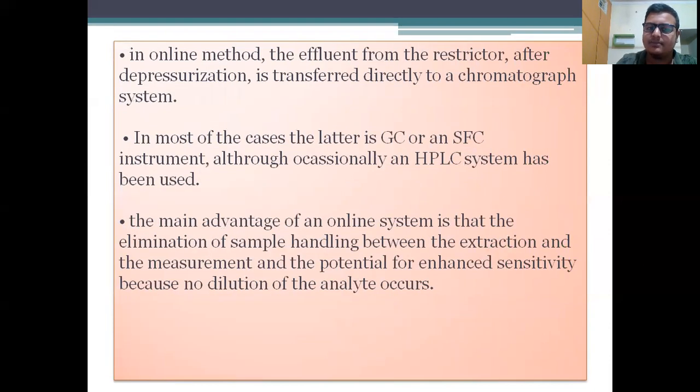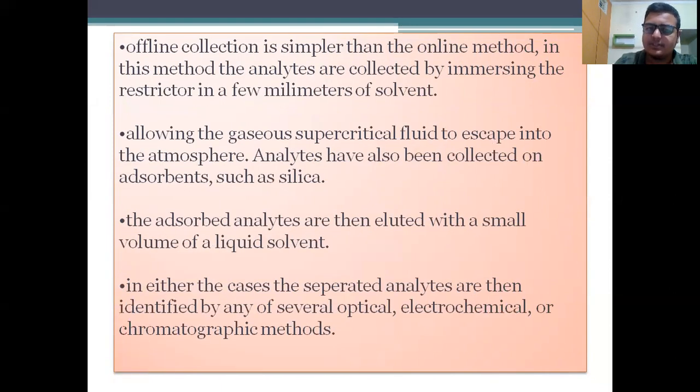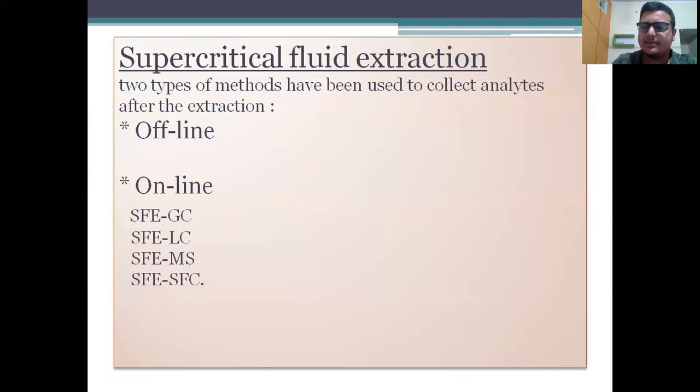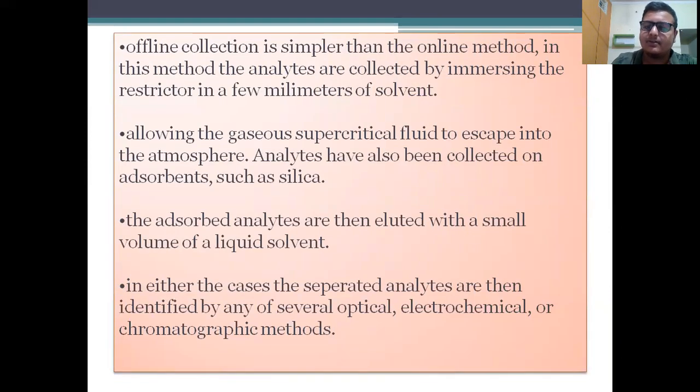And coming to the online method, the effluent from the restrictor after depressurization is transferred directly into the chromatographic system. In offline systems, we handle the sample in between, but in online systems, once we introduce the solute into the apparatus, we do not handle the sample in between.